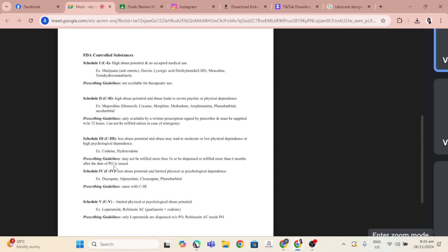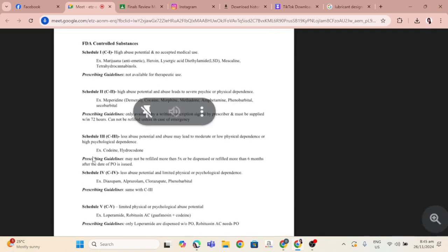Prescribing guidelines for these type of medications are only available in a written prescription signed by the prescriber and must be supplied within 72 hours. Cannot be refilled unless in case of emergency, under the instruction din ng doctor niya.